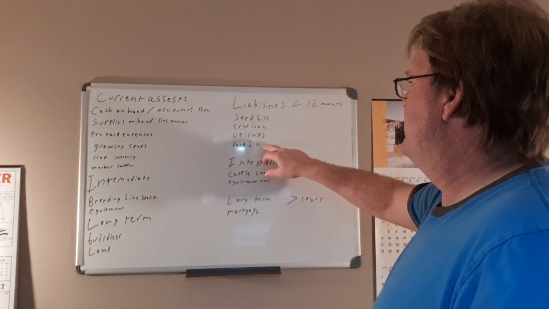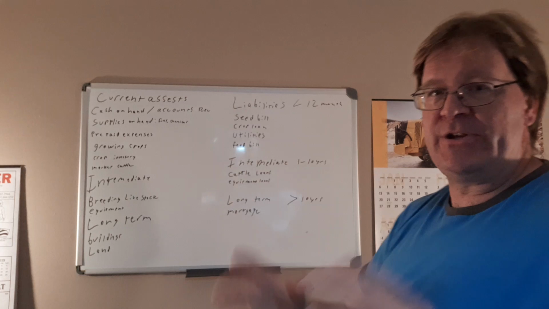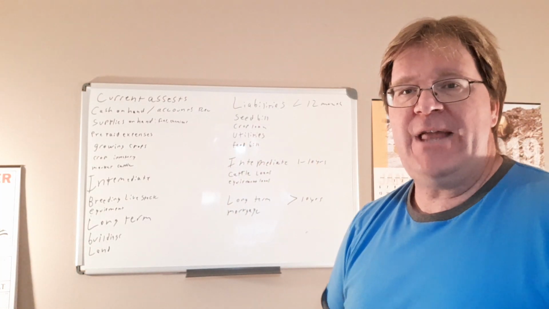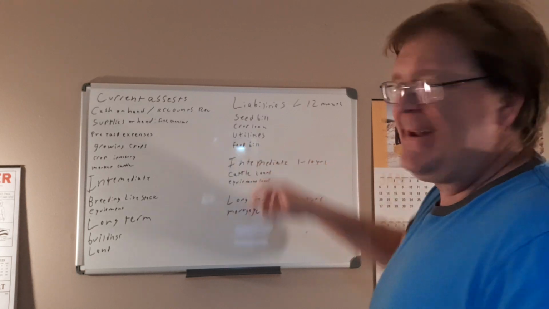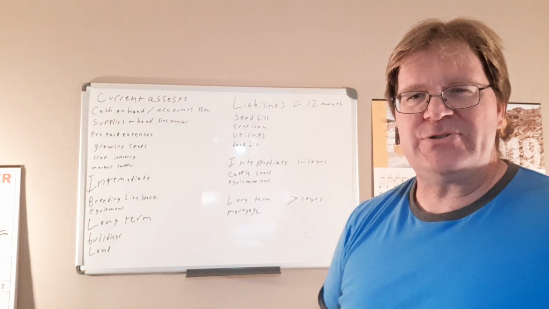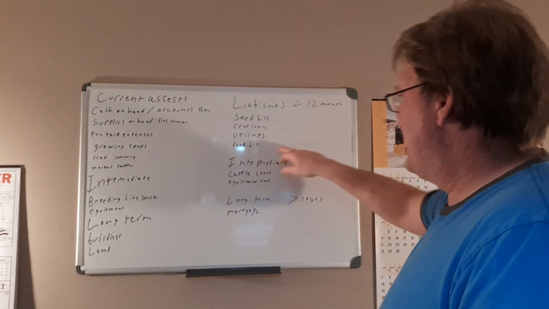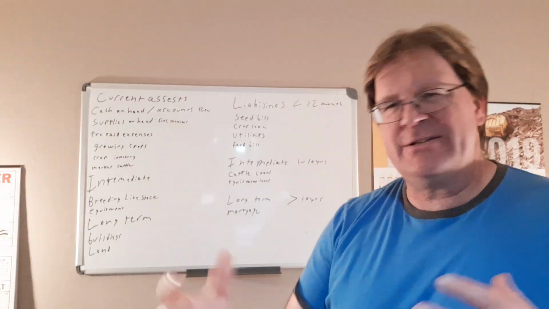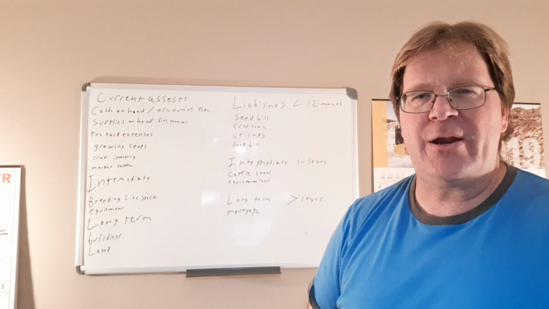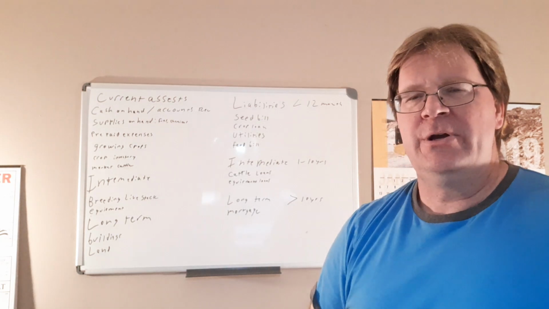If this is a January 1st snapshot, depending on how your banker wants that done, you might just put your annual feed bill down, your annual utilities. Some of that just depends on how your banker wants it set up and how you're doing your projection.